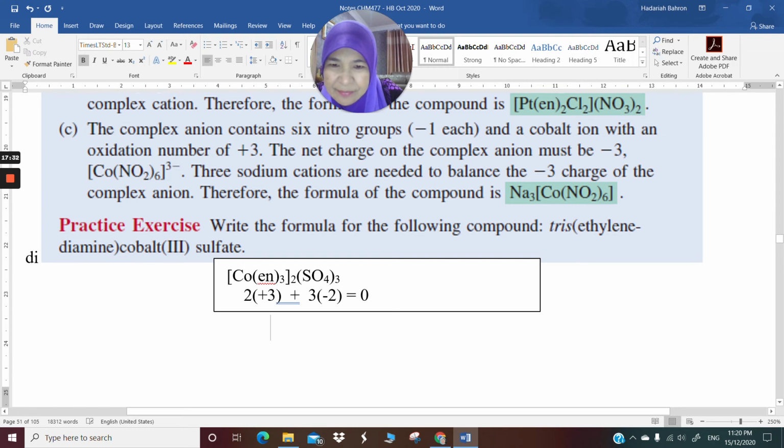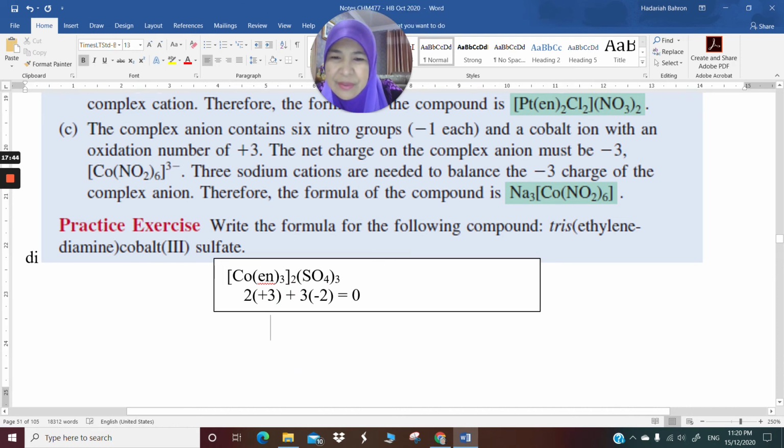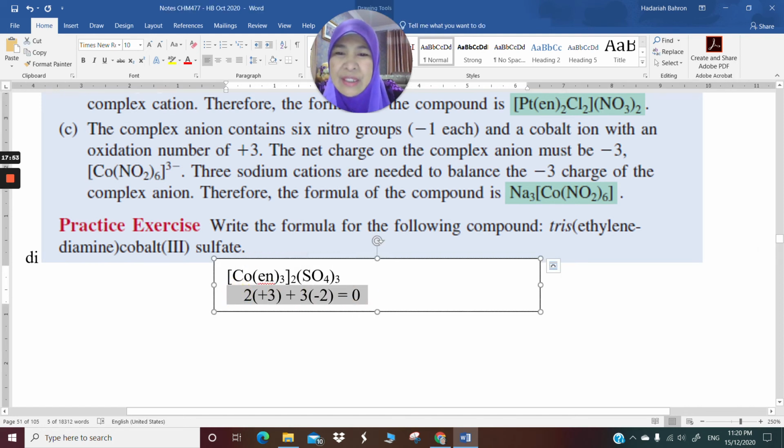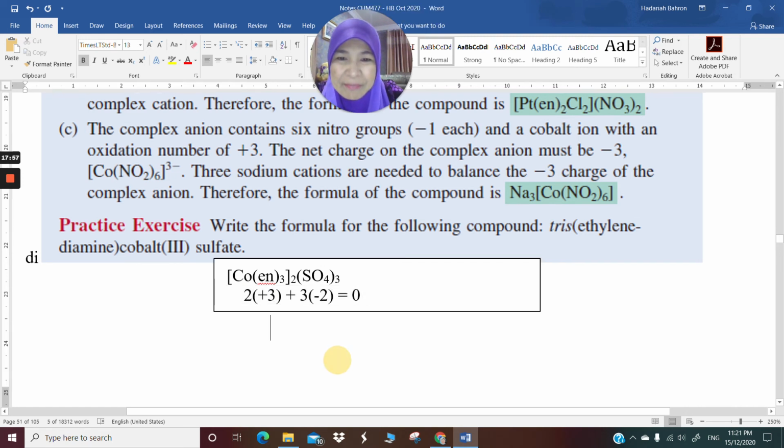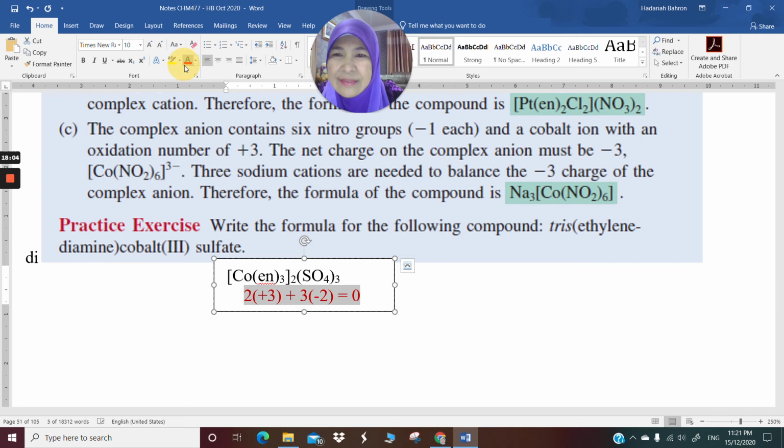Yep. Are you following me? So 2 of 3 plus, 3 of minus 2. The charge of the cation and anion are balanced.